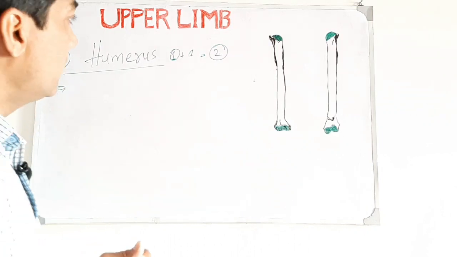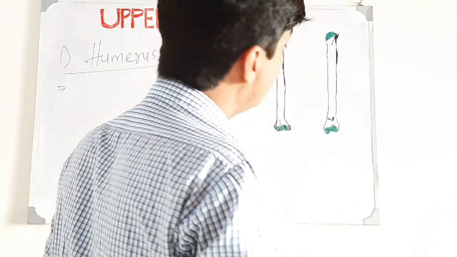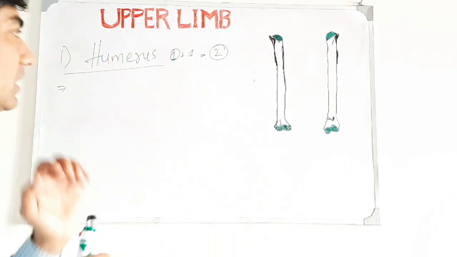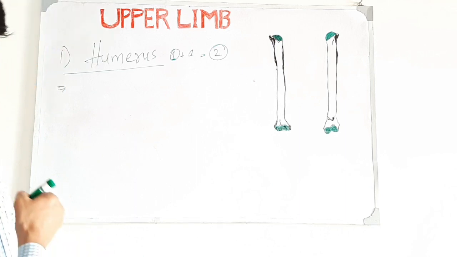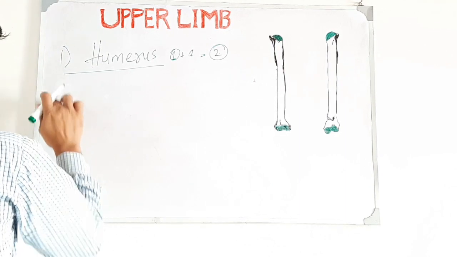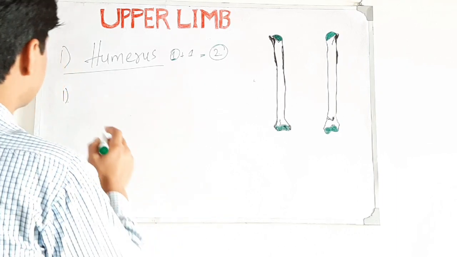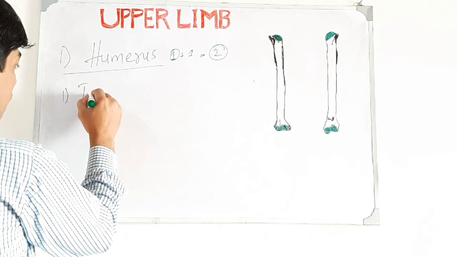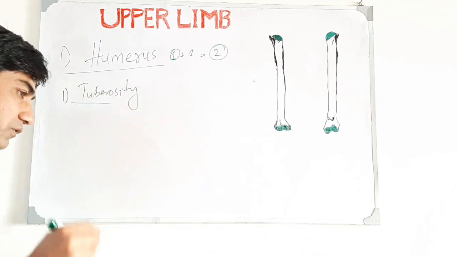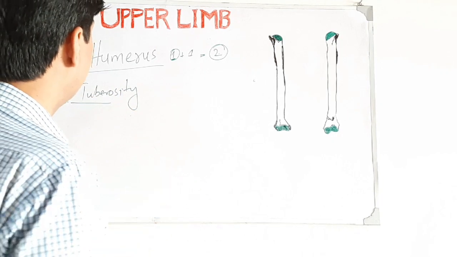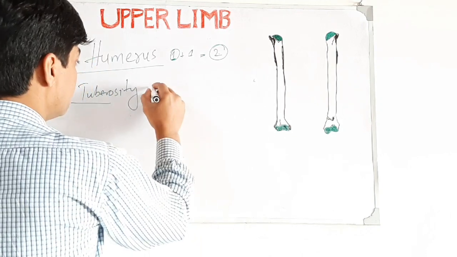When we talk about its structure, there is a head. Before we go into detail on the humerus, we should learn some terminologies which will be used in this session as well as upcoming sessions. First, tuberosity. As we have discussed earlier, a tuberosity is a rough surface over the bone.